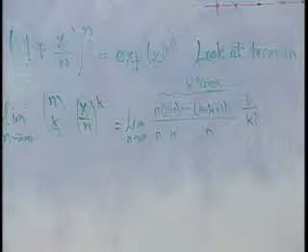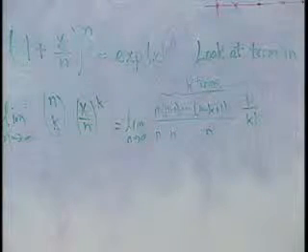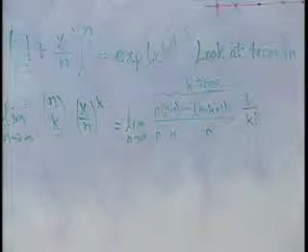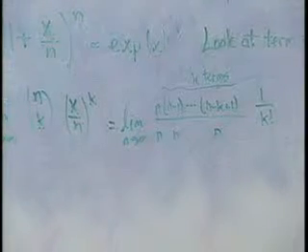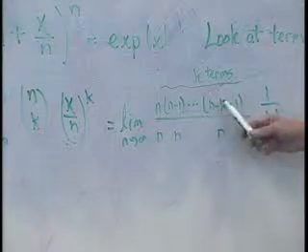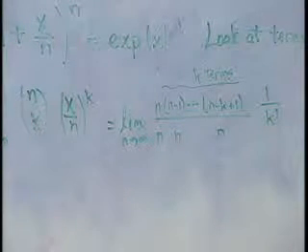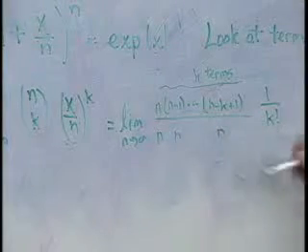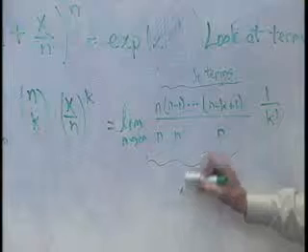Now, k is fixed. N is going to infinity. For any fixed value of k, what's the limit of the ratio of n minus some number smaller than k over n? 1, right? So all of these things go to 1.